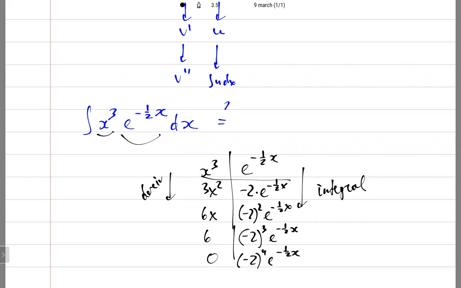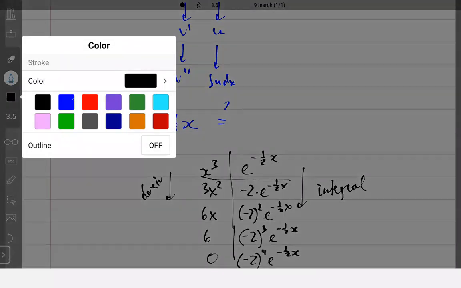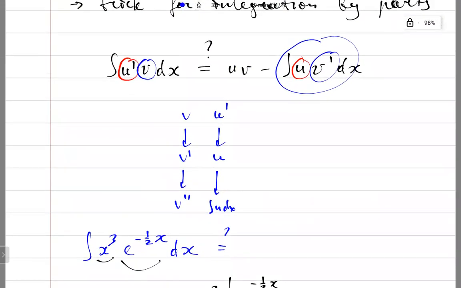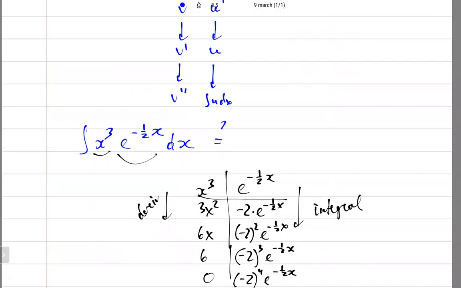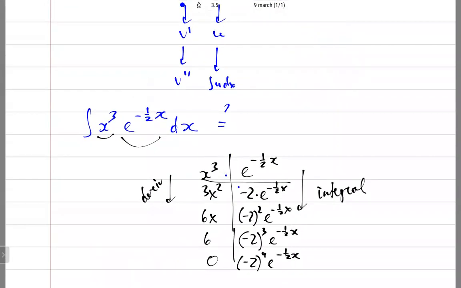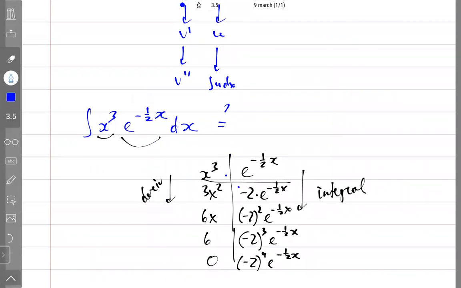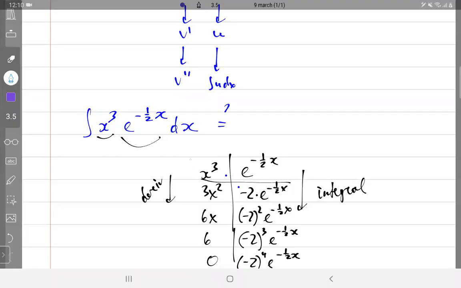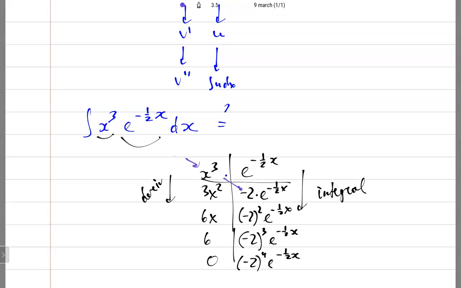What I'm doing is the same process but faster in a table. Let's see what is multiplied by what: u times v. On each step I should add uv, but the sign will alternate because I have minus on each step that is added. So I take the diagonal product, this is u, this is v, with plus.